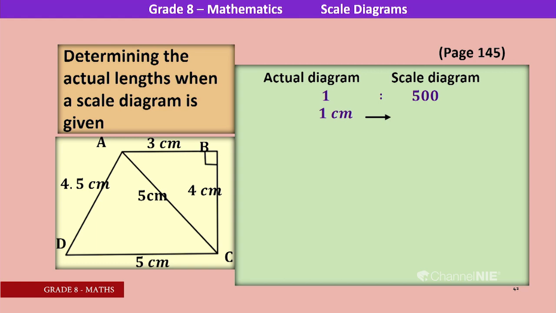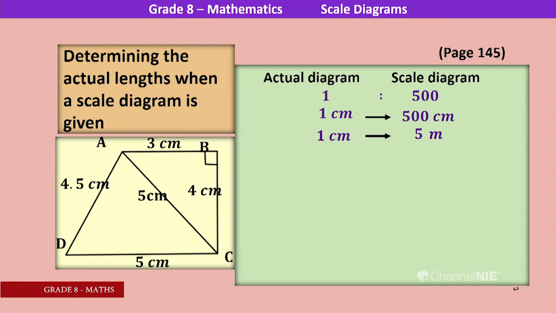Actual diagram, scale diagram. According to the definition 1:500, it means 1 centimeter represents 500 centimeters. Then you can convert centimeters into meters dividing 500 by 100, now 5 meter.